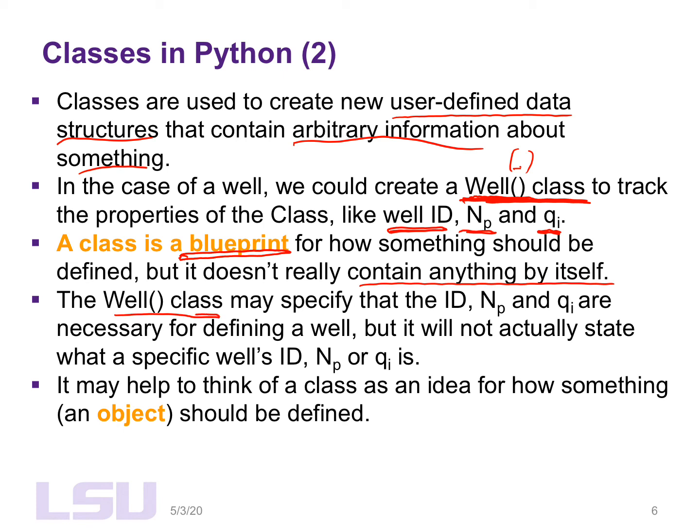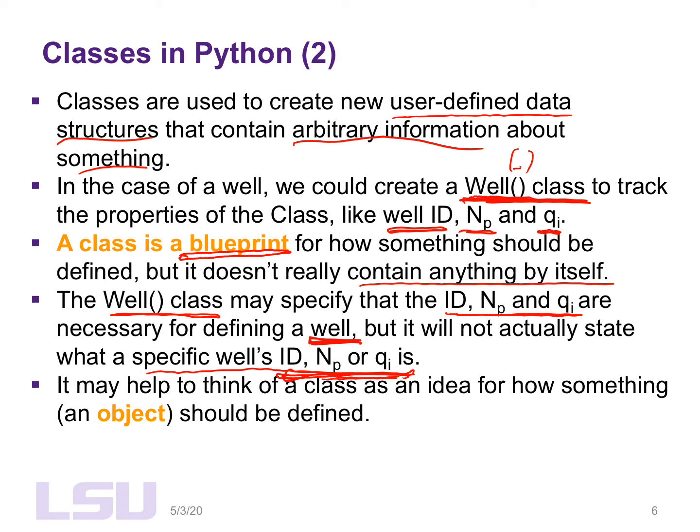So the well class can specify these properties are necessary for defining the actual well object, but it may not actually state what each well's ID, cumulative production, and initial flow rate is. It specifies what is needed to create the object, but it doesn't give you the values in those properties, basically.